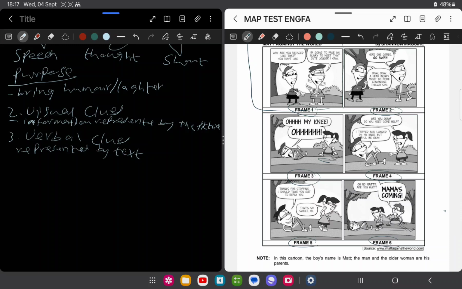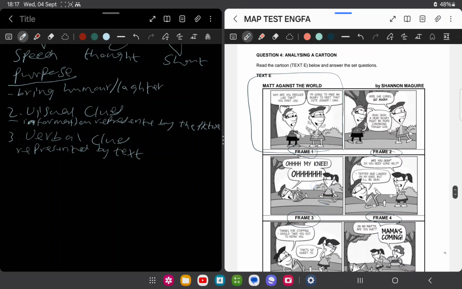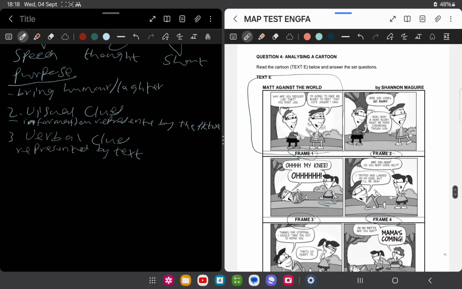So let's look at the cartoon. The visual clues in frame number 1, maybe of the father. Visual clues are information represented by the whole picture. What do we see? It's information that we can decode with our eyes. So the man, his mouth is wide open here.